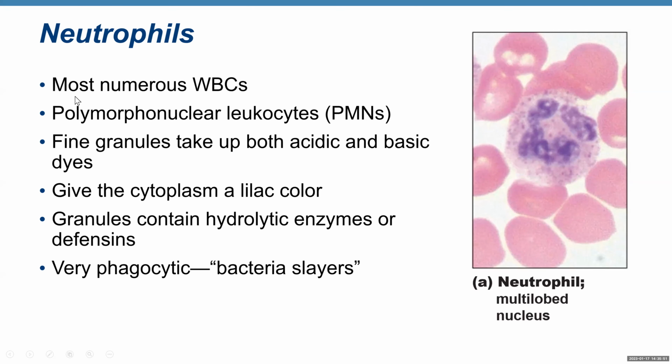Neutrophils are the most numerous WBCs, also called polymorphonuclear leukocytes, or sometimes polys, or PMNs. Fine granules take up both acidic and basic dyes, giving the cytoplasm a lilac color. Granules contain hydrolytic enzymes or defensins, and they are very phagocytic bacteria slayers.